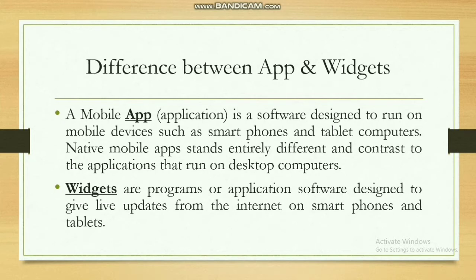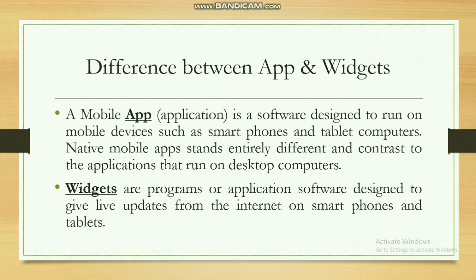Widgets are programs or application software designed to give live updates from the internet on smartphones and tablets. What are widgets? They give live updates like time, weather forecasting, live scores pinned to the mobile device, etc. The live scores change every second, and the weather of a place also changes from time to time.